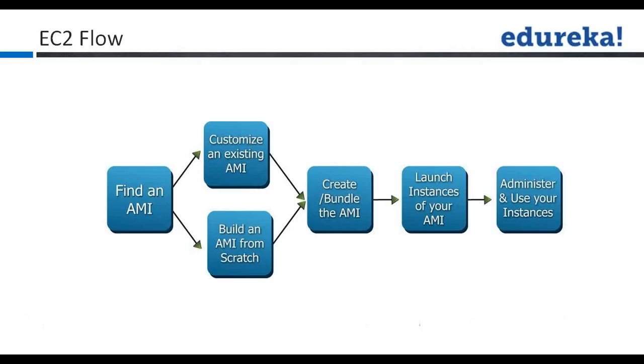Even when you launch an AMI, you can install some software on top of that. Take an example: you take a fresh Linux AMI and you install Apache and MySQL over there. Now you can create your own AMI out of that. So next time when you launch an instance from that new AMI, it will have Apache and MySQL already installed as part of that.